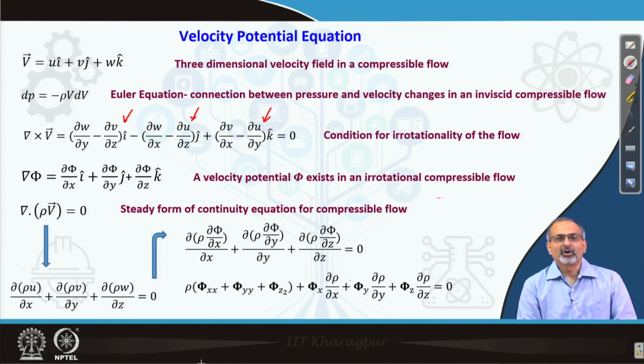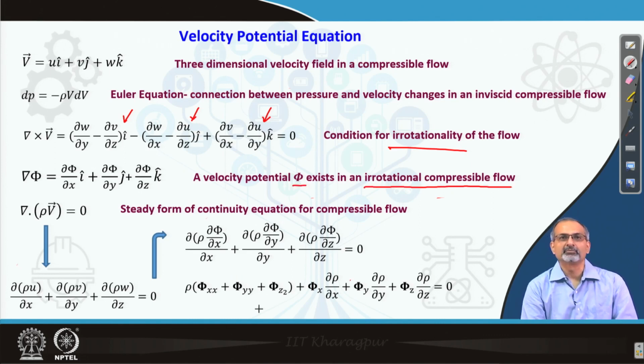Those form the three components of the curl of the velocity vector, and the condition of irrotationality says that they have to be individually equal to 0, and the velocity potential exists only in irrotational fields. Therefore, the capital phi would exist if it is an irrotational compressible flow.